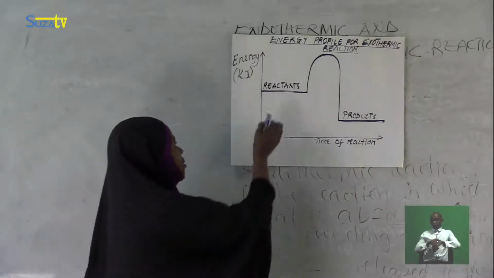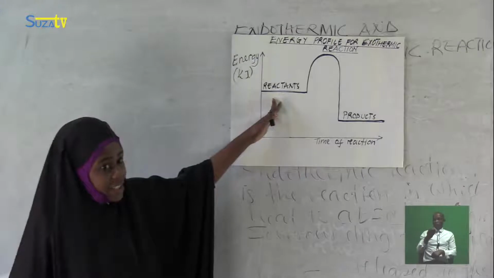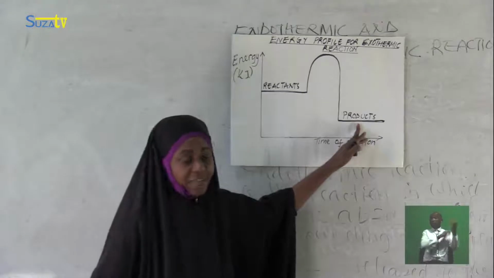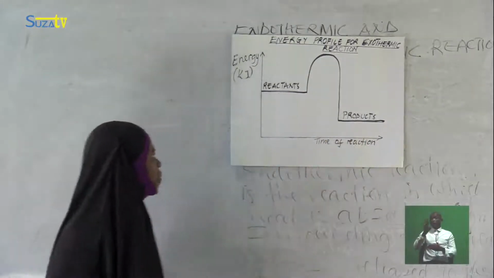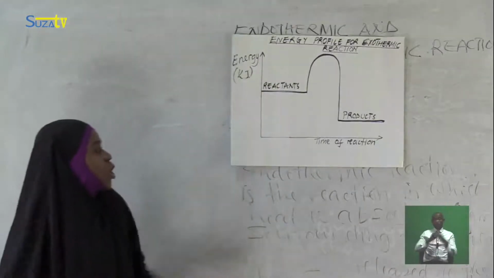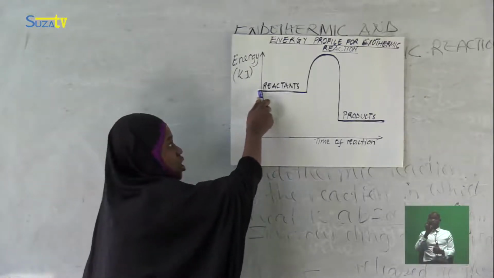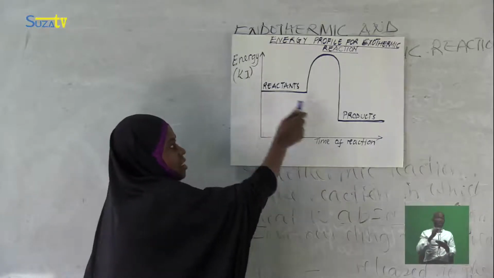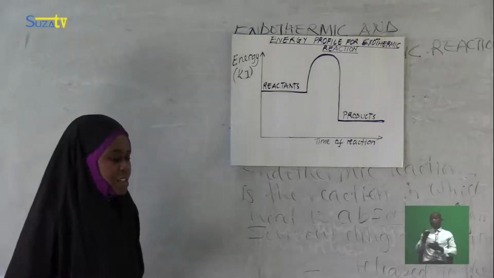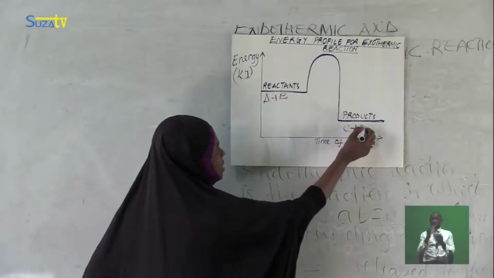Here we have the reactants, the energy of the reactants before reacting, and here is the energy level of the products after the reaction. We see that the energy level of the reactants is higher than the energy level of the products. Suppose A and B react to form C and D.